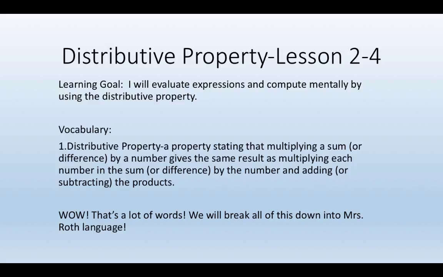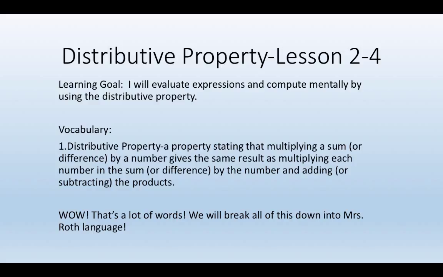Our vocabulary, there's really only one term that we're going to talk about, and it's rather wordy and difficult to understand. So don't get scared by it. Write it down. And here in a little bit, we're going to put this in Mrs. Roth language.